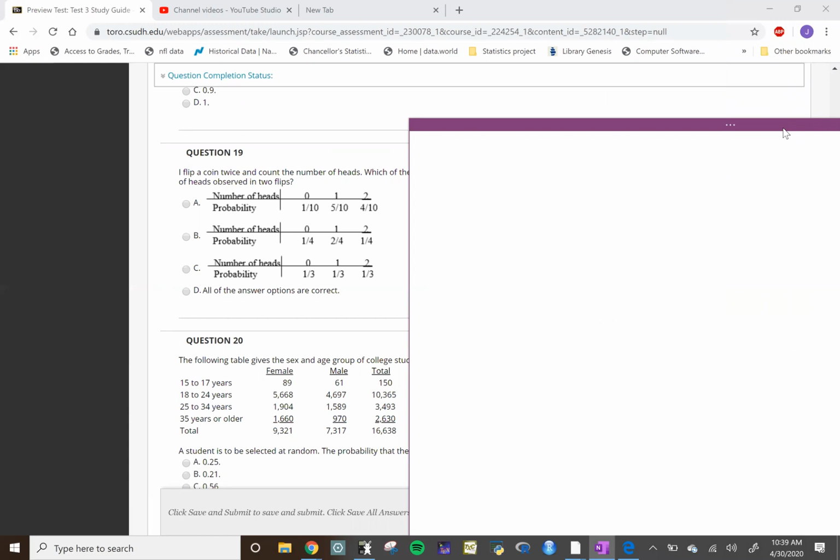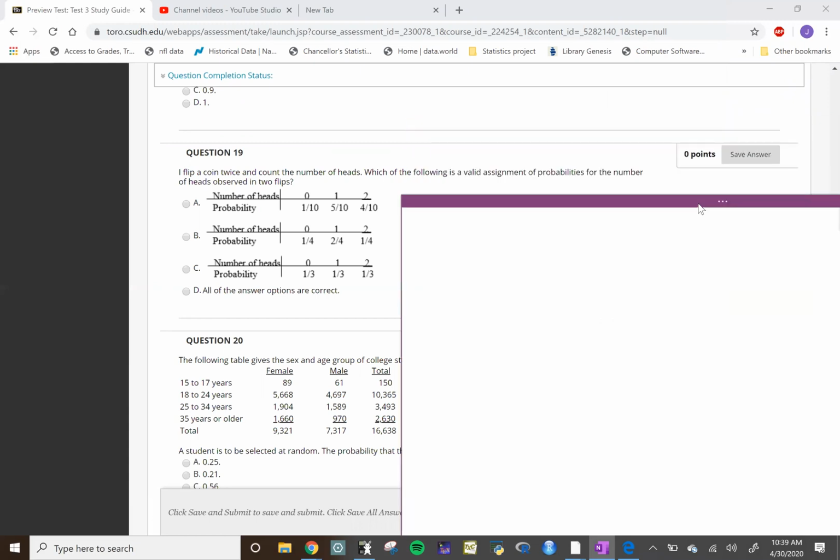So for problem number 19, here, let me lower the OneNote so you can see. It says I flip a coin twice and count the number of heads. Which of the following is a valid assignment of a probability for the number of heads observed in 2 flips?